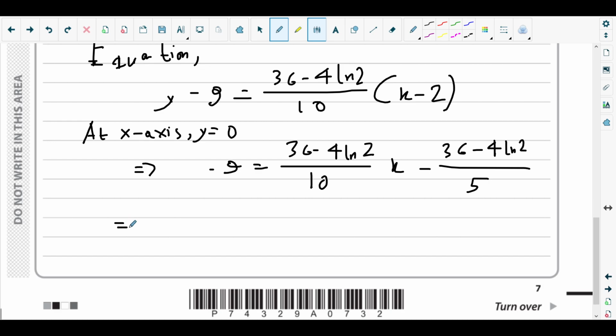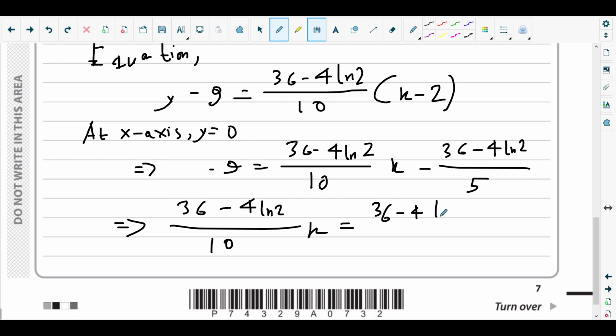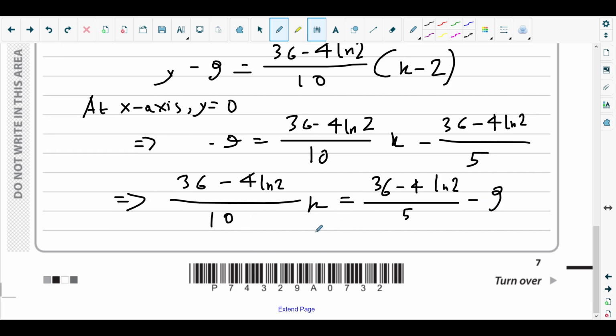So from there we need to make x the subject. So keep x on one side. 4 ln 2 over 10. x equals to what? 36 minus 4 ln 2 over what? 5, right? Minus 9. Now what we need to do, we can multiply both sides by 10.